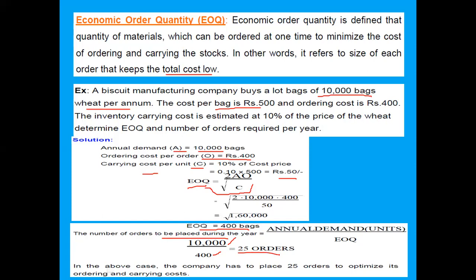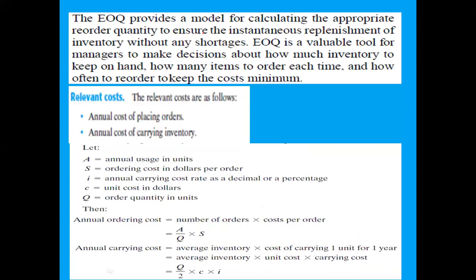That is a way of doing EOQ problems. In the above case, a company has to place 25 orders to optimize the ordering and carrying cost. That is the answer. Now the EOQ provides a model for calculating the approximate reorder quantity to ensure the instantaneous replenishment of inventory without any shortages.